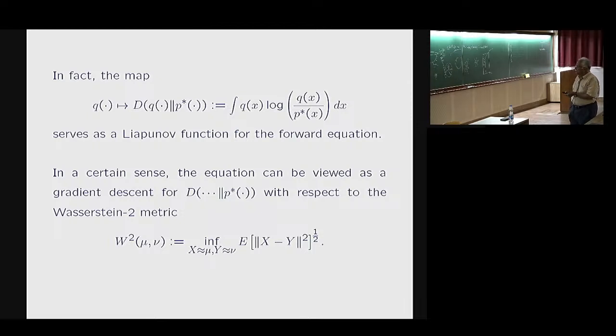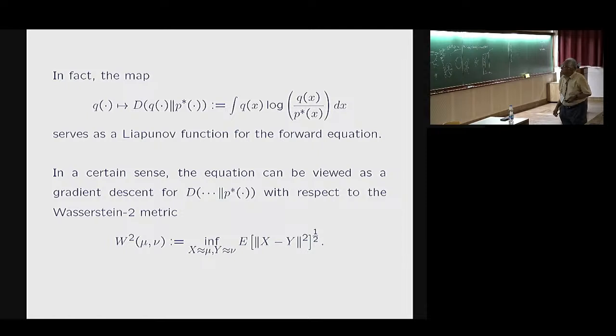This is the metric between two probability distributions, which is the infimum of this L2 norm over all pairs x comma y, where the distribution of x is mu and the distribution of y is nu. The joint distribution is left free, so all pair distributions such that the marginals are fixed at mu and nu. So this defines a metric. If you take p norm, you get Wasserstein p.